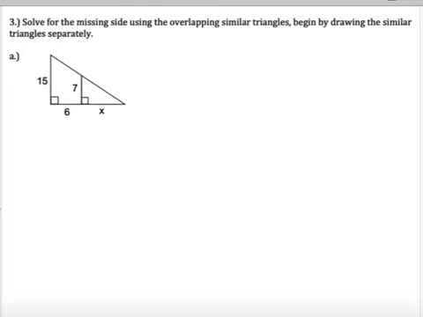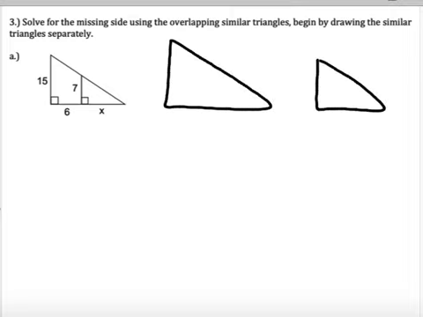Whenever you're first being introduced to a concept like this, it's very important, and maybe as you get more familiar, you won't have to do this, but I'd like you guys to do this with me. We want to draw these triangles separately. So hopefully in this picture you see the two triangles, right? So we have our small triangle inside of the large one. So I'm going to redraw the large one, and then here's my small one, okay?